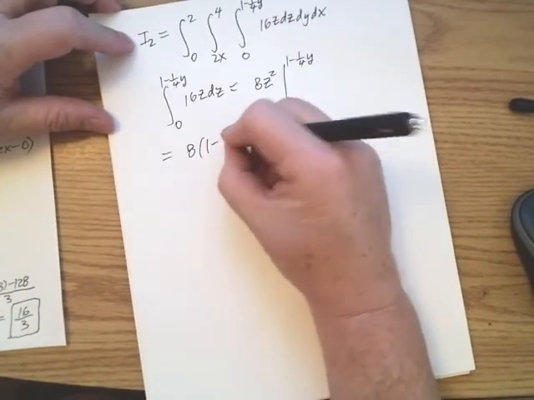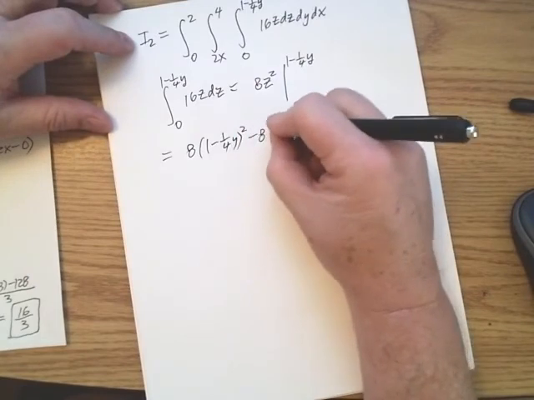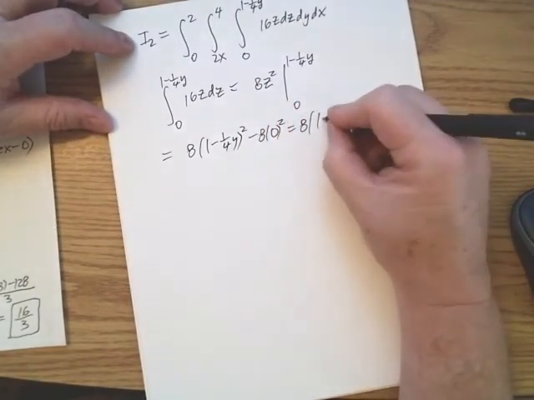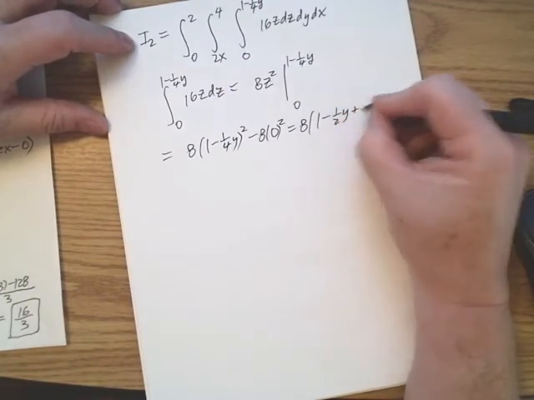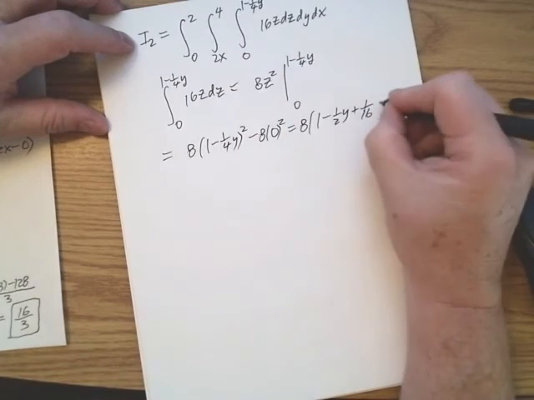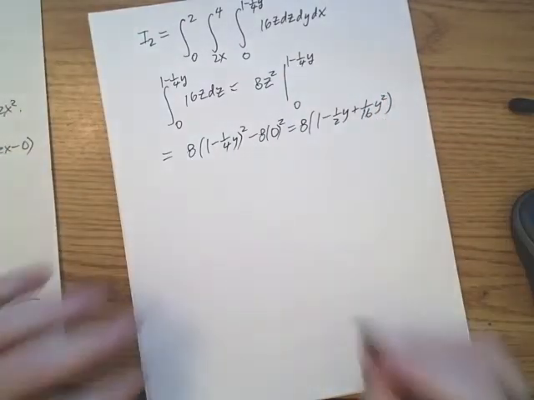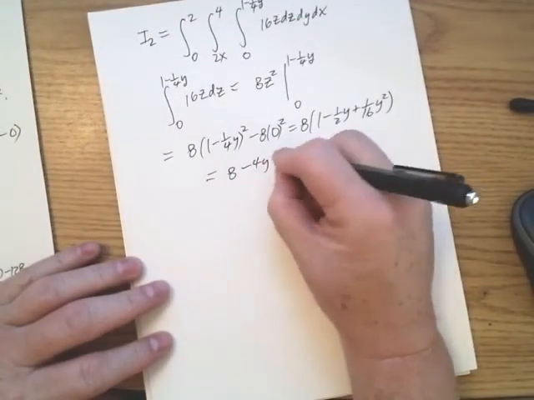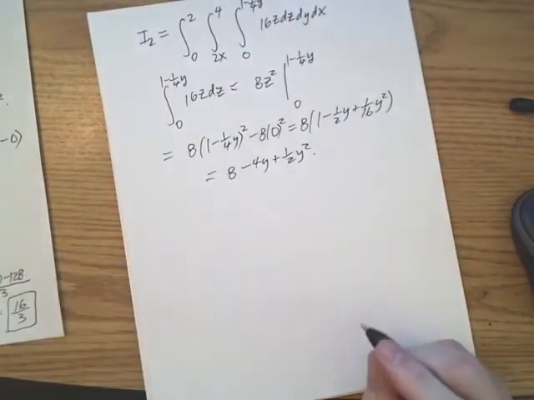That's 1 minus a quarter y squared minus 8 times 0 squared. So that's 8 times 1 minus a half y plus 1/16 y squared, right? Okay, so that'd be 8 minus 4y plus 1/2 y squared. So that's that inner integral.